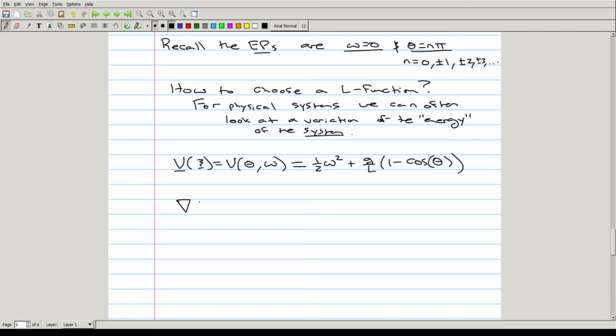The gradient of v in this case, with a vector dv d theta, dv d omega, is going to be g over L sine theta and just omega.